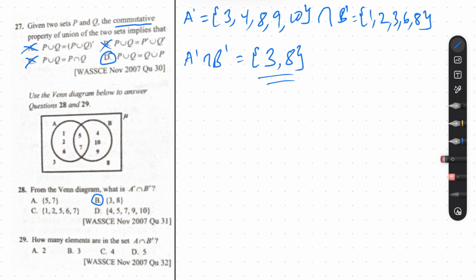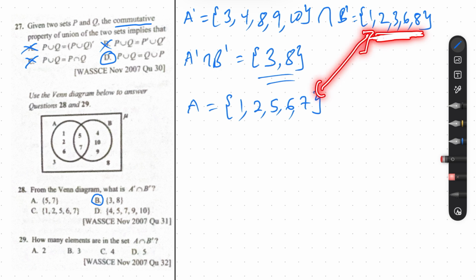So A is the set of 1, 2, 5, 6, and 7. And then we have B complement, right here. We need to find the intersection of these two sets.